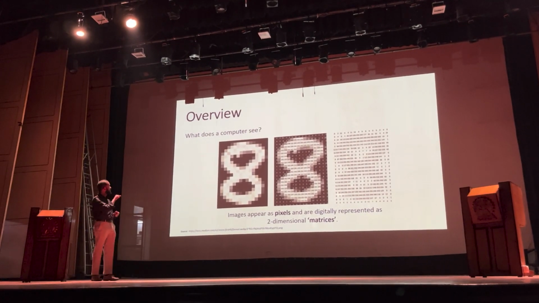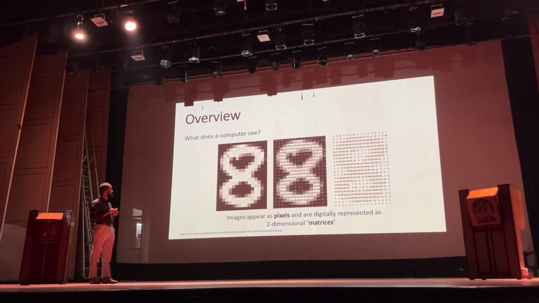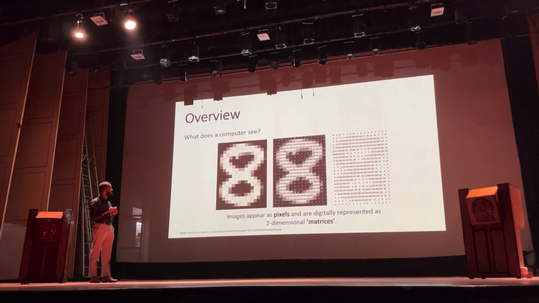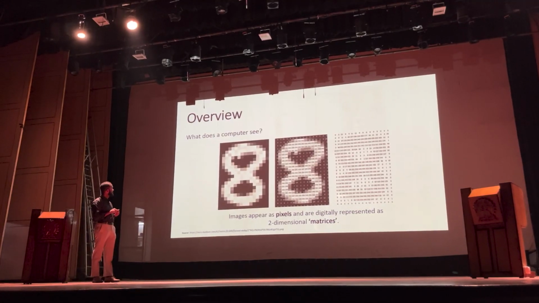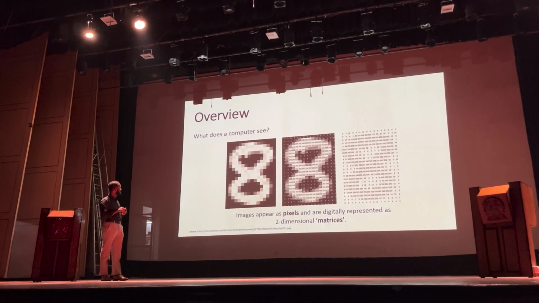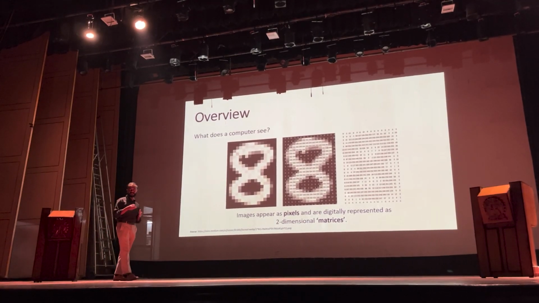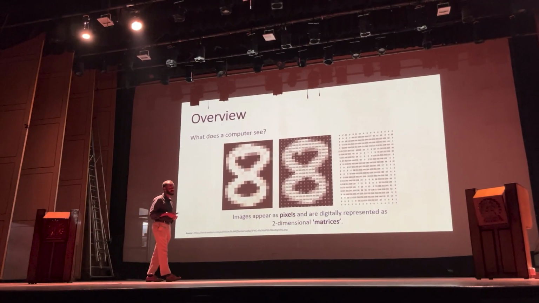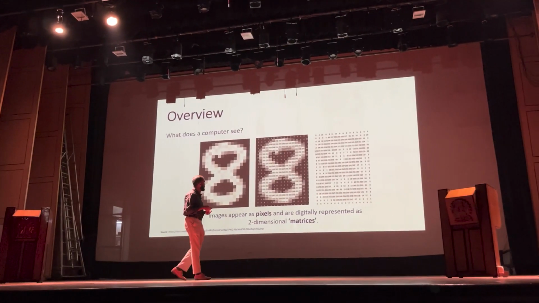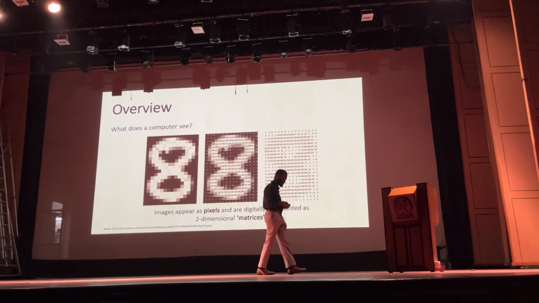If you see over here, this pixel is very dark, and the corresponding value is 0. On the other hand, this pixel is completely white, and the corresponding value for that is 255. That's how all of these pixels are represented, as a two-dimensional matrix.